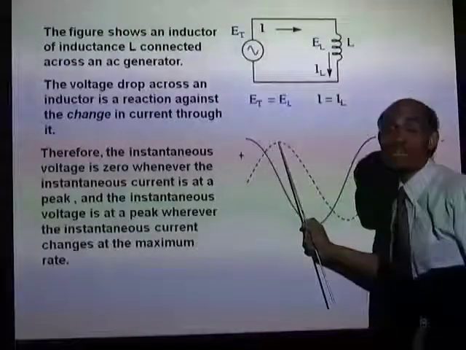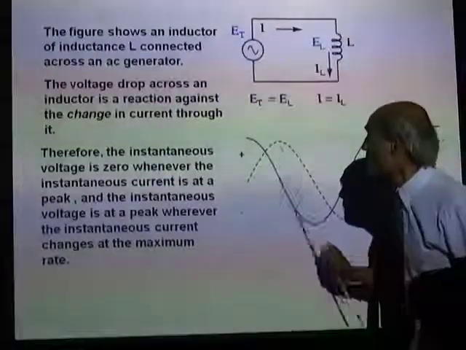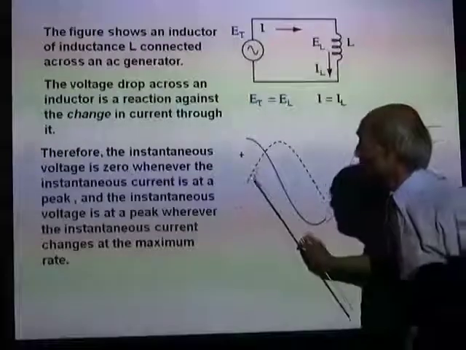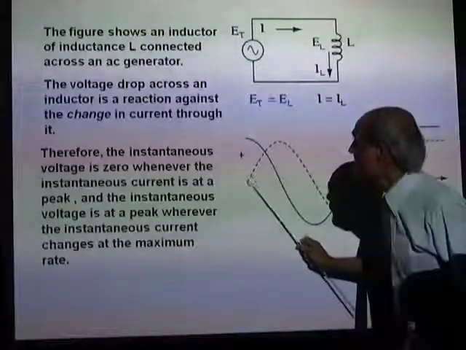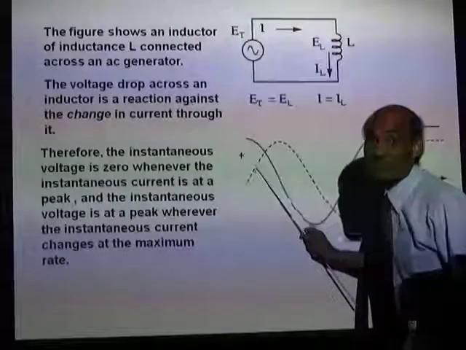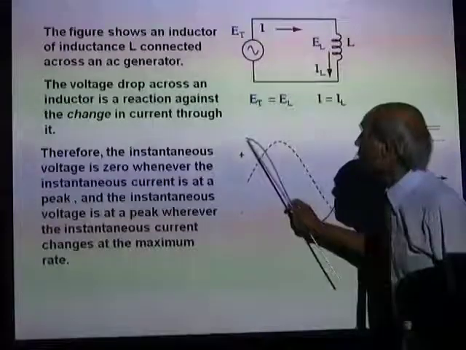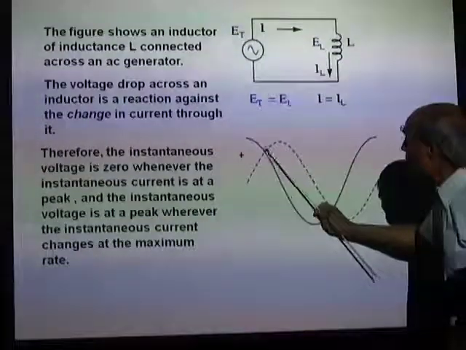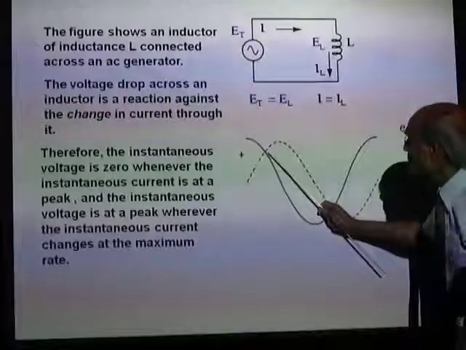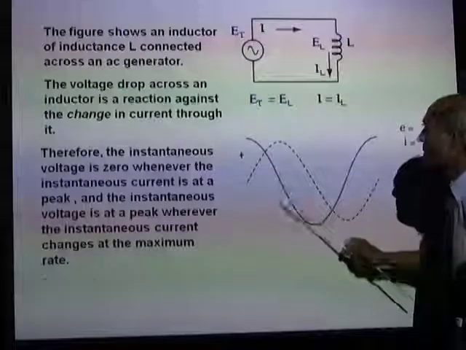Momentarily, the current is stationary there. It's not changing. Now, when is the voltage maximum? The induced voltage is maximum when the current is changing at the maximum rate. When the rate of change of current is maximum, the induced voltage is maximum. And when the induced current is maximum, the induced voltage is zero.